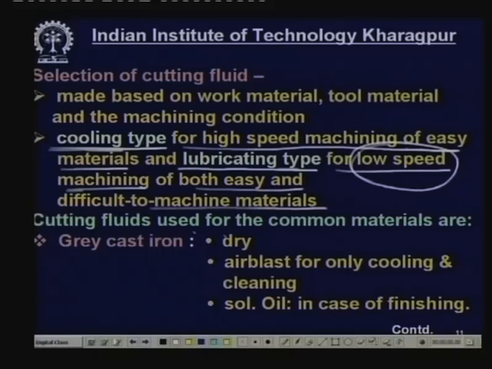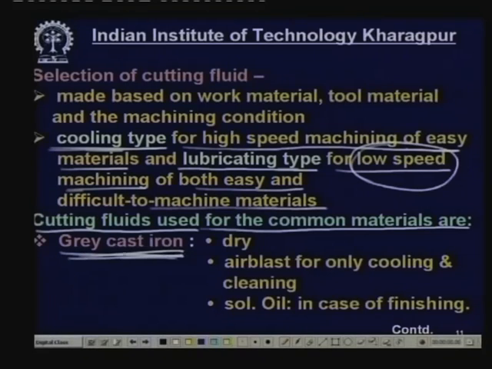Now, let us have some examples. Cutting fluid used for common materials. Say grey cast iron is one of the most common and widely used engineering materials. What kind of cutting fluid should we use for grey cast iron?